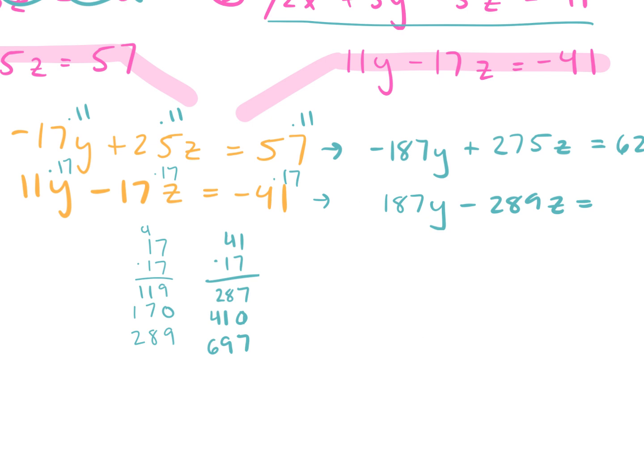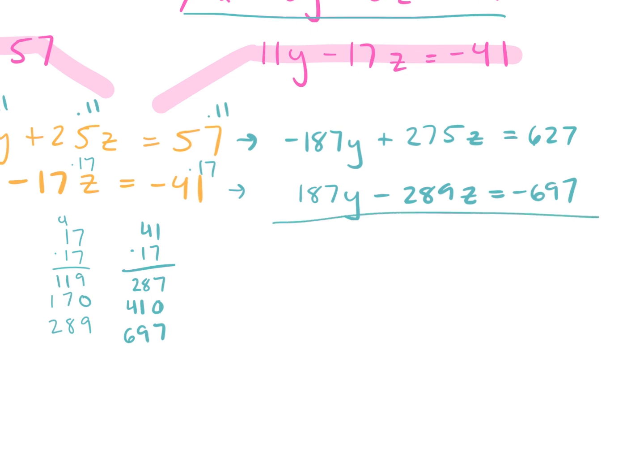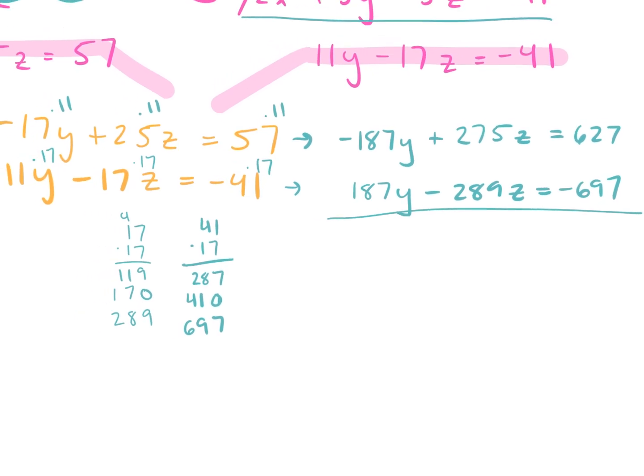So 697, negative 697. Now do our y's cancel? Yes. So y's cancel.